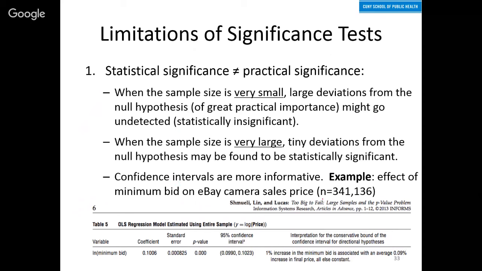This was an analysis of 341,000 sales, and it found a coefficient of 0.1, a p-value that was essentially 0, with the interpretation that a 1% increase in the minimum bid is associated with an average of 0.09% increase in the final price, all else constant. Whether that is practically significant or not, I don't know.